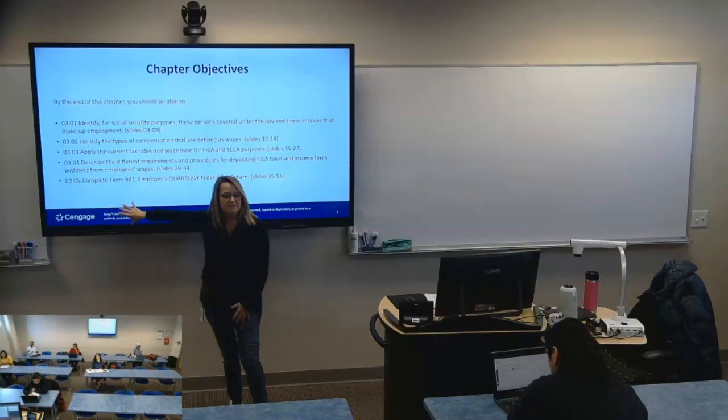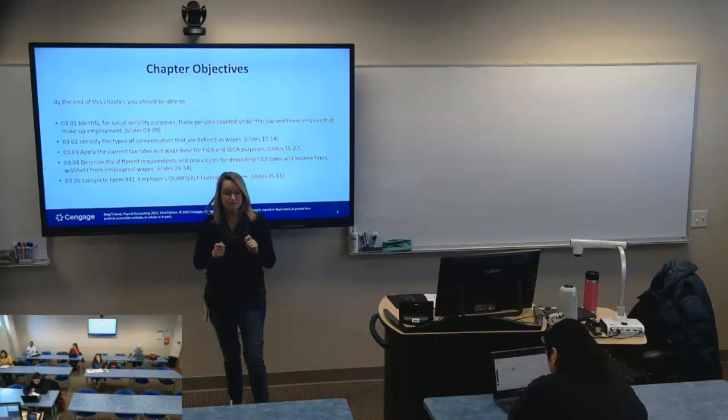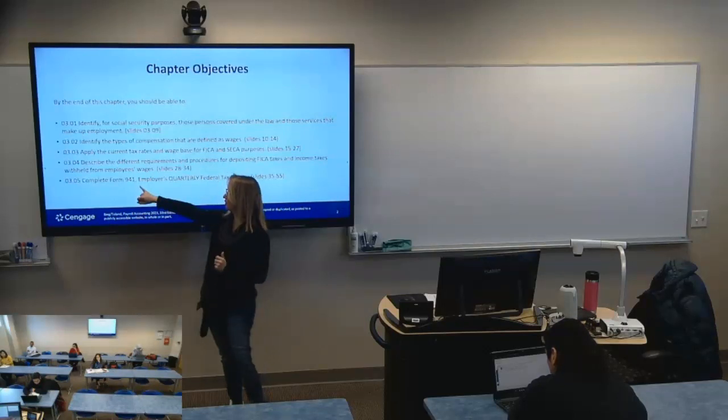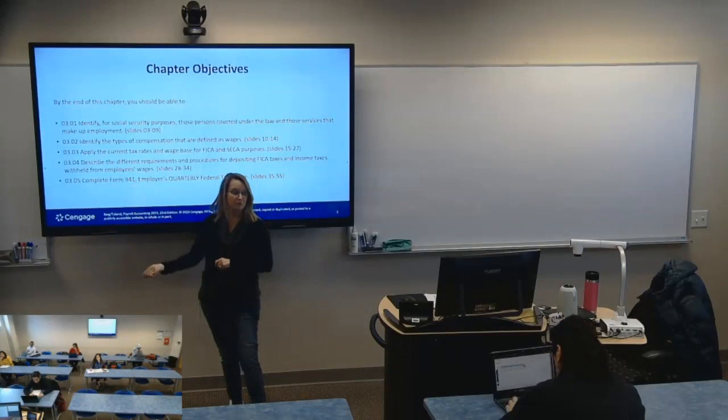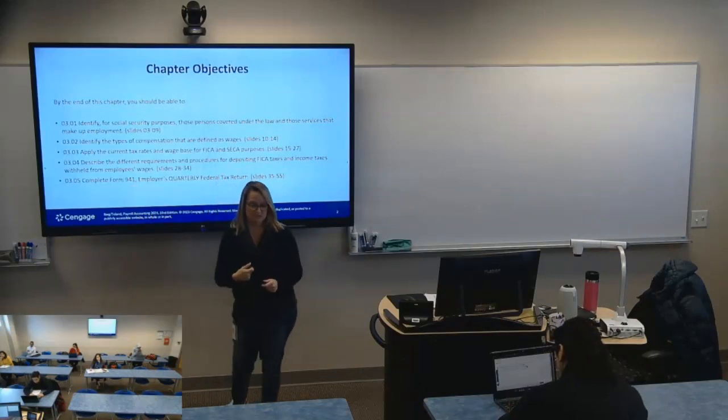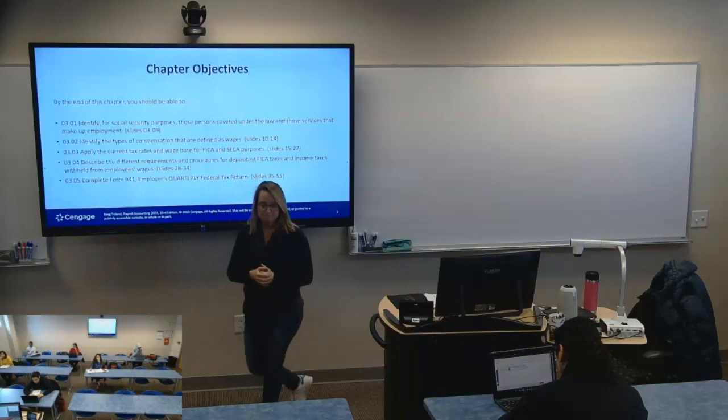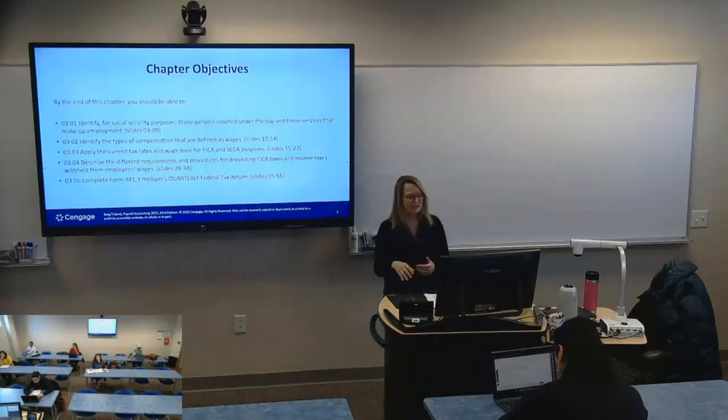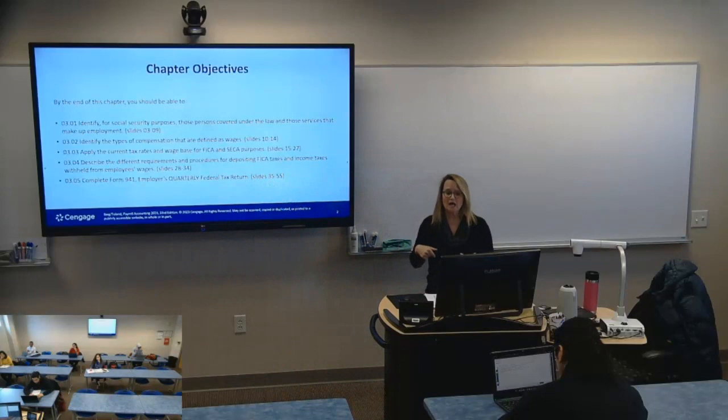But the 941 is for reporting how much is owed, right? The payment should have already been made. All the payments for what's being reported on that 941 should have already been made per the deposit schedule. Okay? Yep. And that'll become more clear as we get into it.